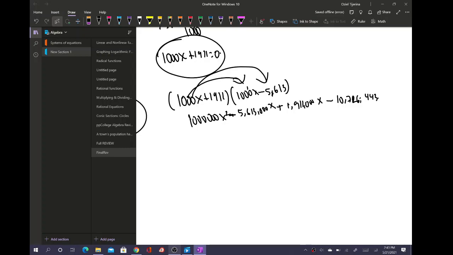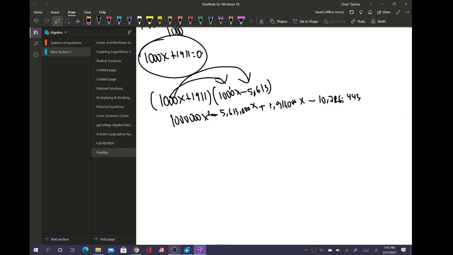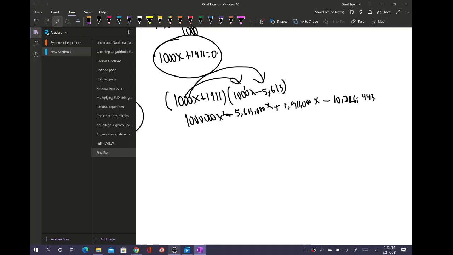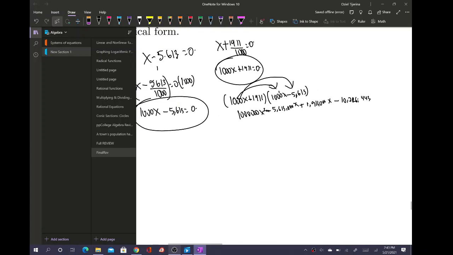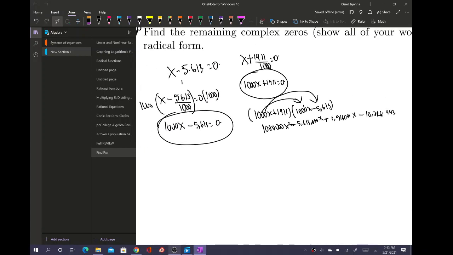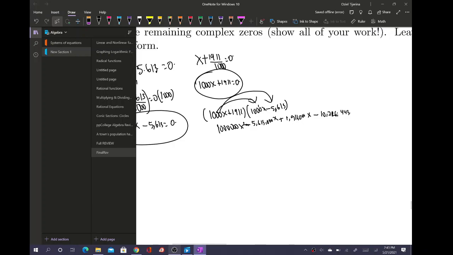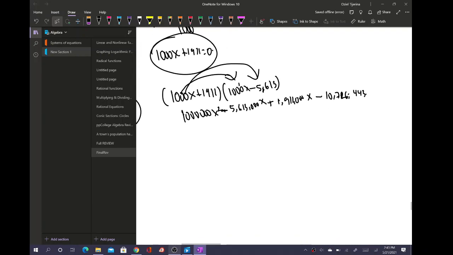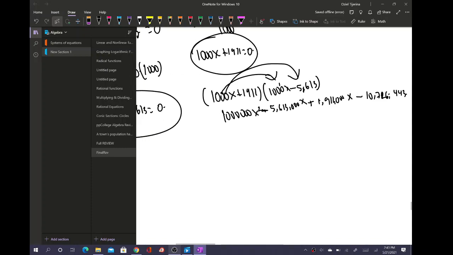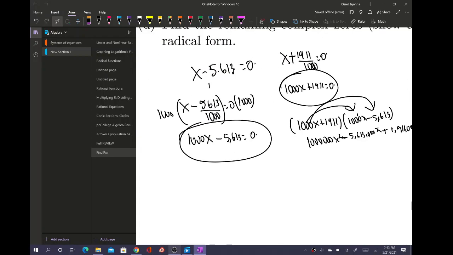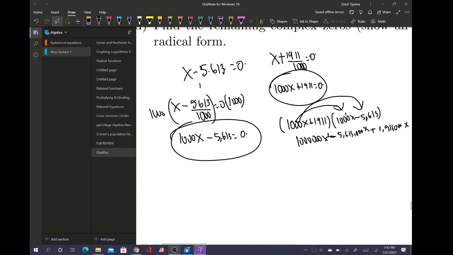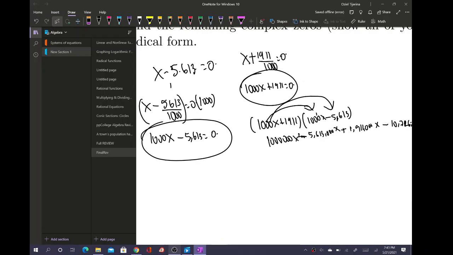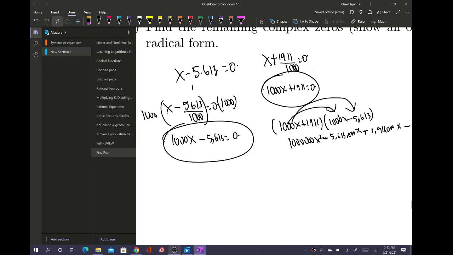So basically you can solve this for x either using the quadratic formula or by graphing it, but basically we now have something like this.